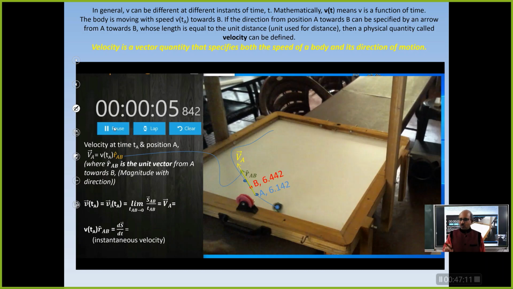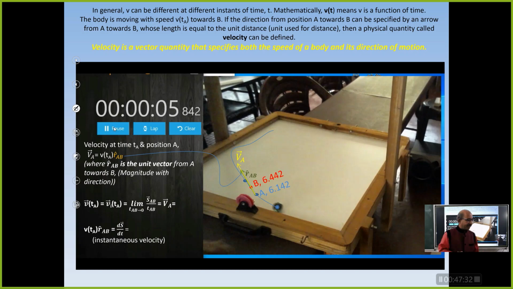Okay, and I define it as unit vector R cap AB. Got it? So what is R cap AB? It is a unit vector whose magnitude is 1 and direction as specified.